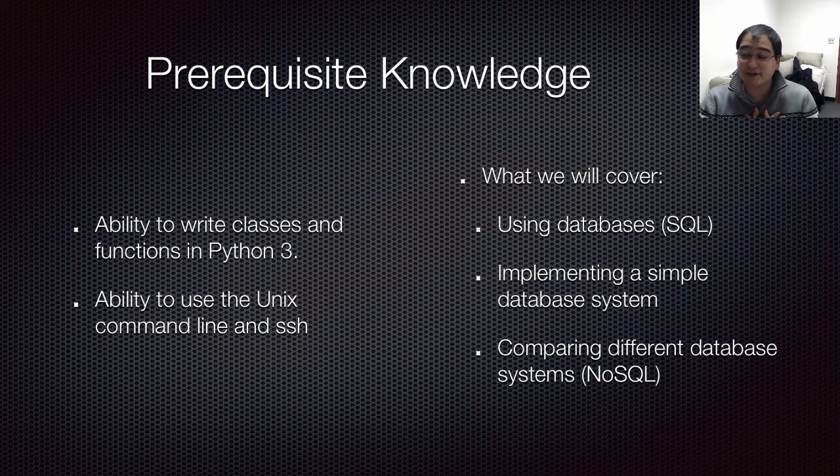And what we're going to be teaching you in this class is how to use a database, specifically the SQL programming language. We'll be implementing a simple database system to see how databases actually work. And we'll do a lot of comparisons to various different database systems, including some NoSQL style systems.